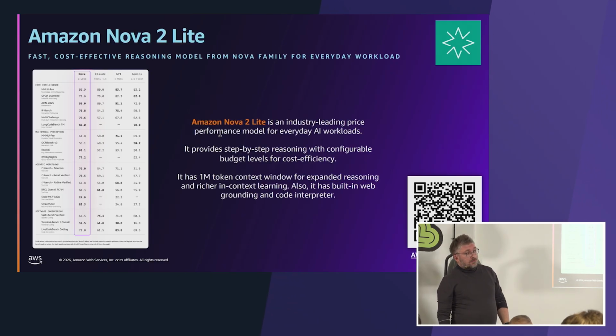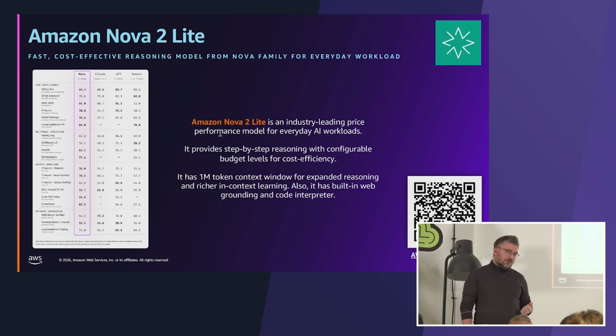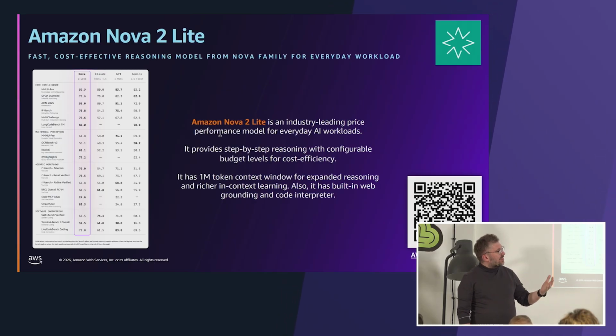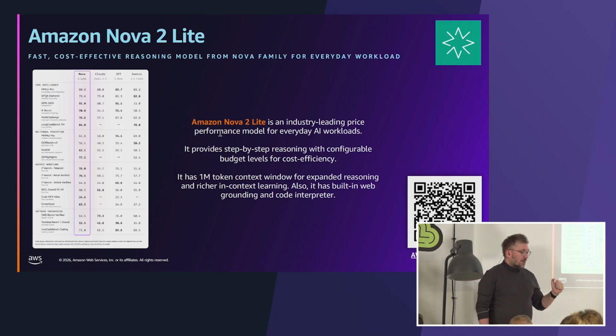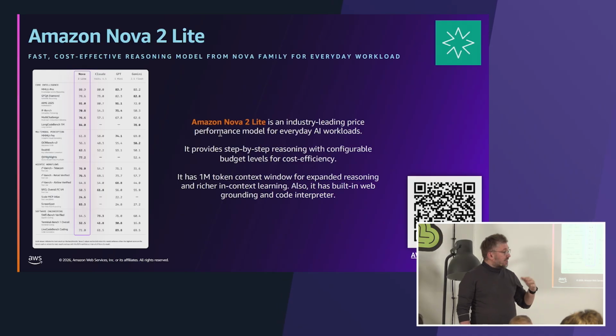Then, a year ago, at the last re:Invent, we introduced, for the first time, our own foundational models. It's called the Amazon Nova family, right? This year, we introduced the second generation of those models. The first one is Nova Lite. Nova Lite is, I would say, a standard model with very good performance and, I think, a very good price-performance ratio.